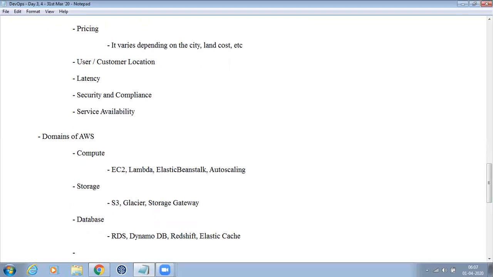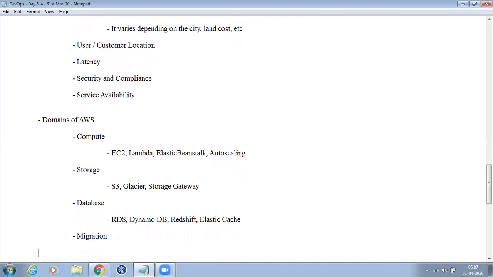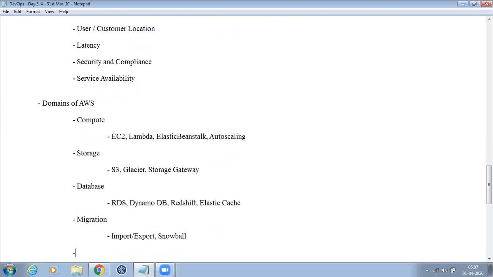Next, we take another category called migration. Under this, we have Import/Export and Snowball. Next, we have the networking category.